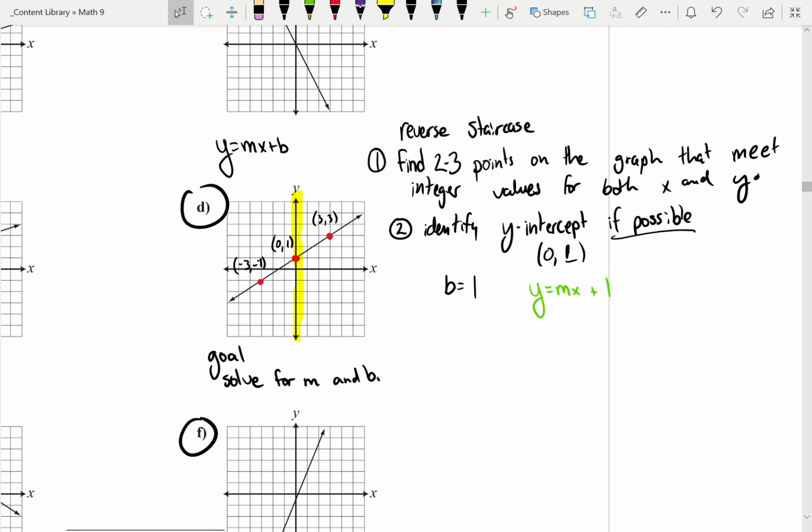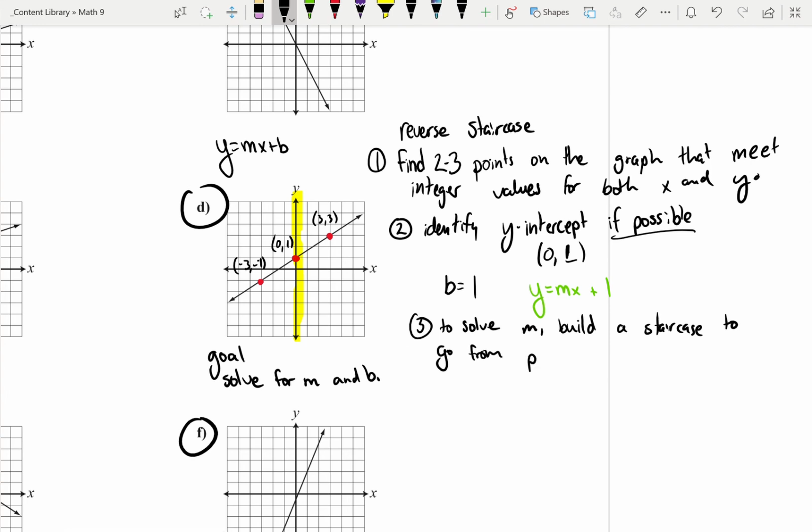Now, to solve for m, what I want to do is build a staircase to go from point to point and put rise over run.